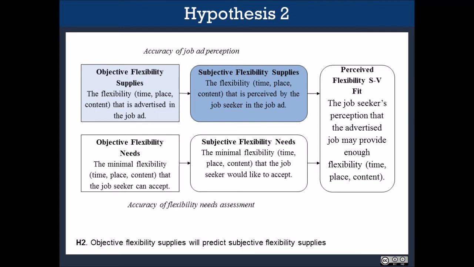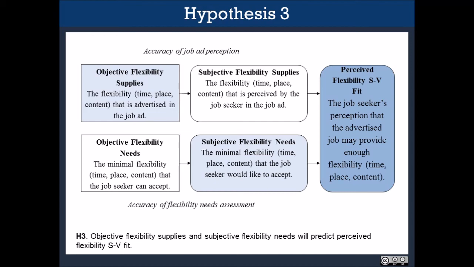In other words, the project for this hypothesis is to be able to predict flexibility supplies, as perceived by the individual, from the actual contents of the job ad, such as the keywords, the title, etc. So we will use the actual content of the job ad to try to predict the subjective flexibility supplies as perceived by the individual.